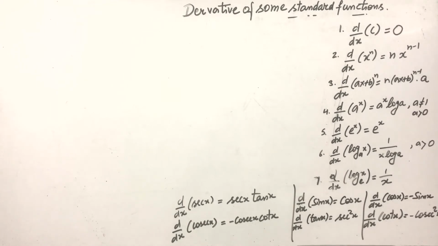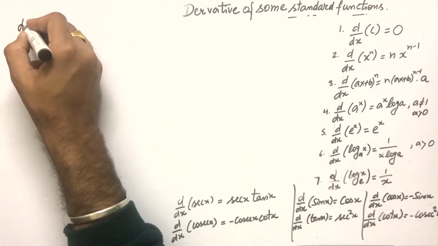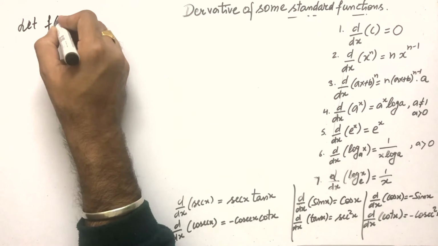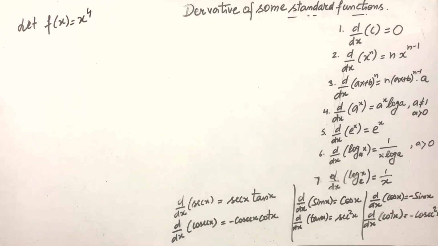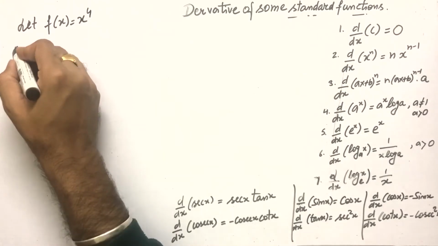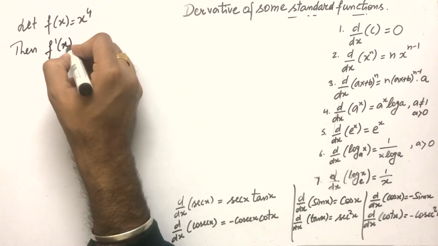Let us start the application of these formulas, and the first question is, let f(x) is equal to x power 4, and question is find its derivative. Then very easily, how much is f dash x?